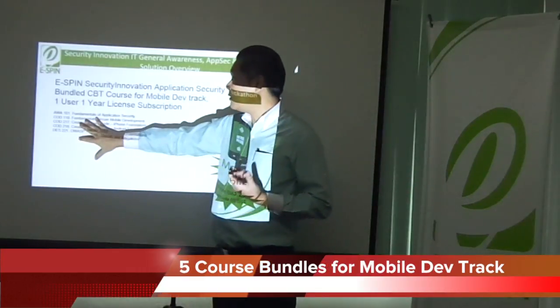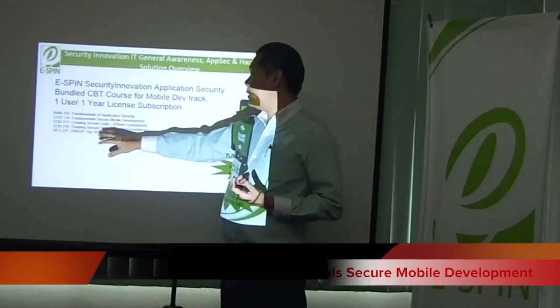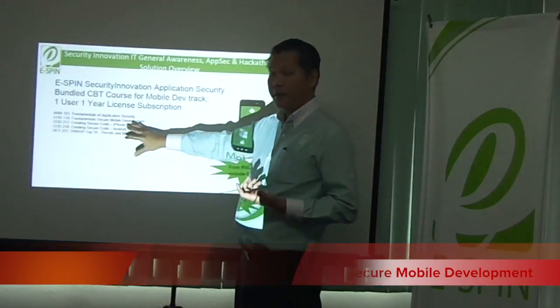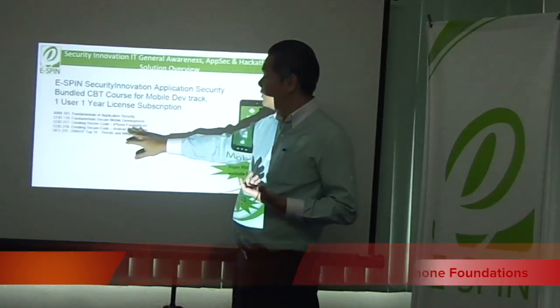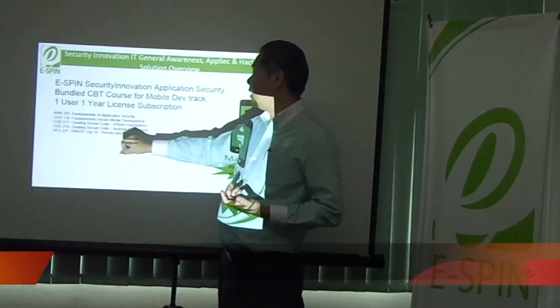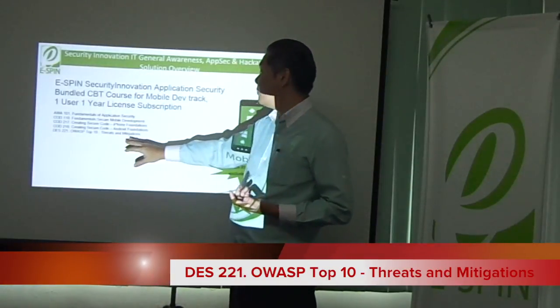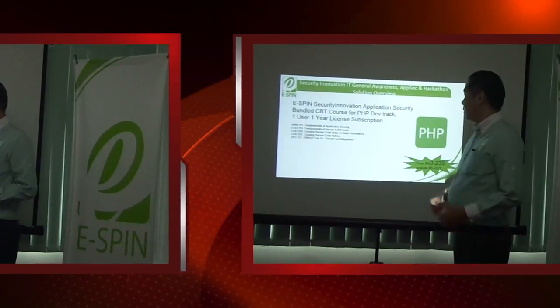It comes with 5 courses: the foundation of application security, foundation of secure mobile development, creating secure code for iPhone Foundation, and then create secure code for Android Foundation, and also top 10 threat and mitigation in one single package bundle.